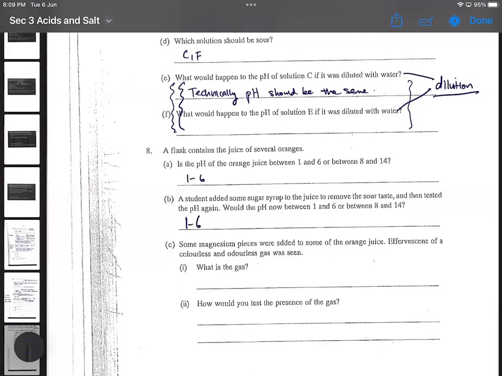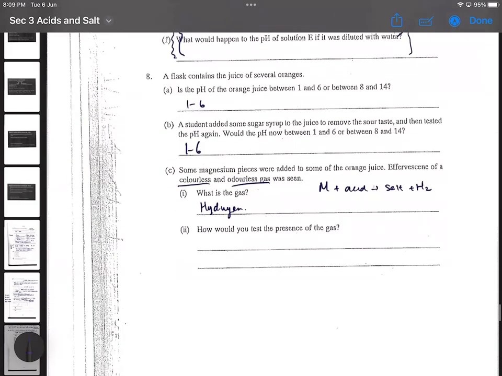Okay, so there is a colorless and odorless gas produced. This is a metal. So remember, metal plus acid, we get a salt and we get hydrogen gas. So the gas we produce here is hydrogen. And how do you tell the presence of the gas? Again, we'll write down the test.